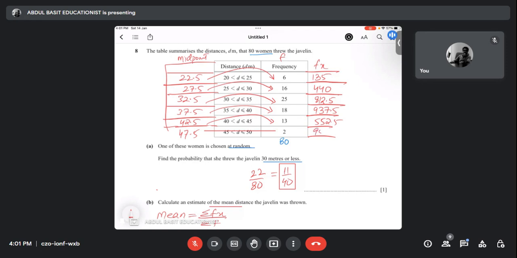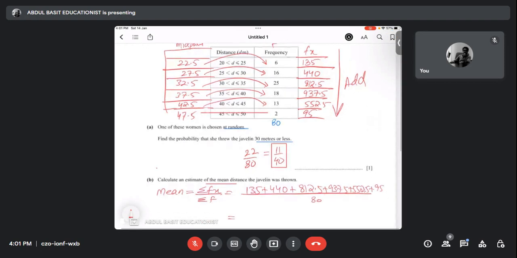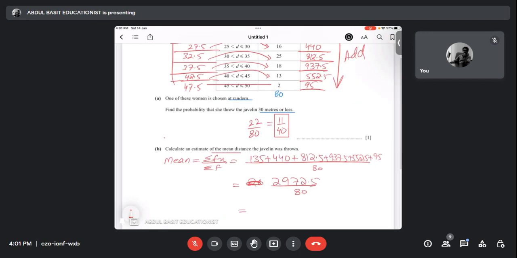Please add all of them. Summation fx is to be written, add them: 135 plus 440 plus 812.5 plus 937.5 plus 552.5 plus 95. Divide by 80. So the answer is 2972.5 upon 80, which is 37.15. So this is your final answer, the mean result.